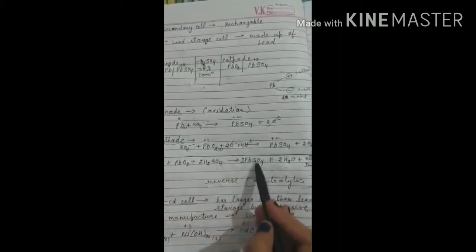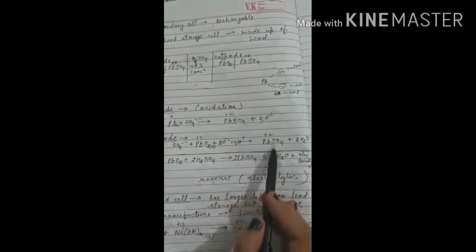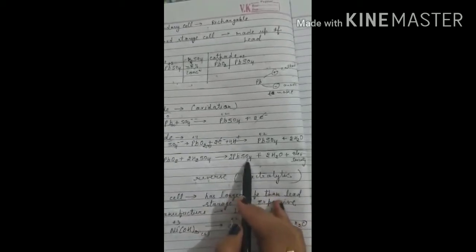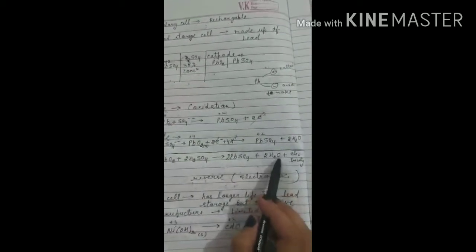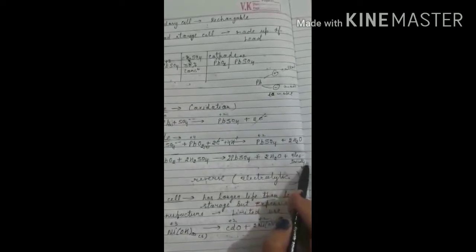Now on the right hand side we have 2 PbSO4 and 2 moles of water, and electricity is produced, because the main function of the lead storage battery is to provide electricity.